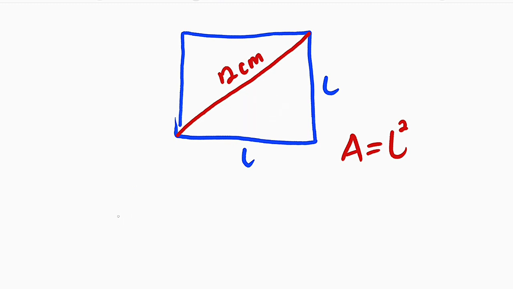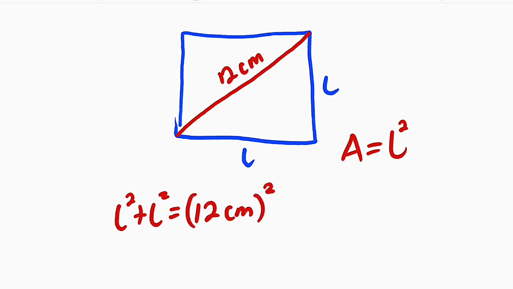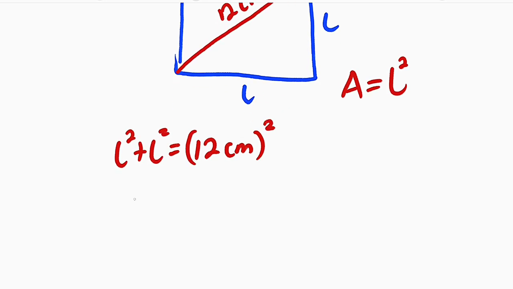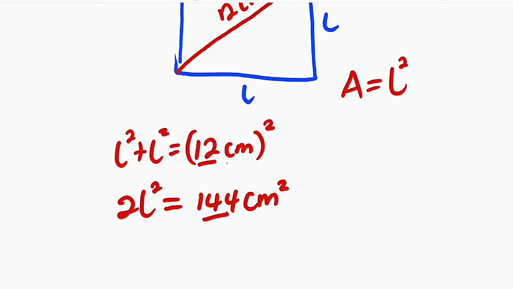So we have L squared plus L squared equal to 12 cm also squared. L squared plus L squared is 2L squared, and this is equal to 144 cm squared. So I've squared 12 to get this, squared cm to get this, right?